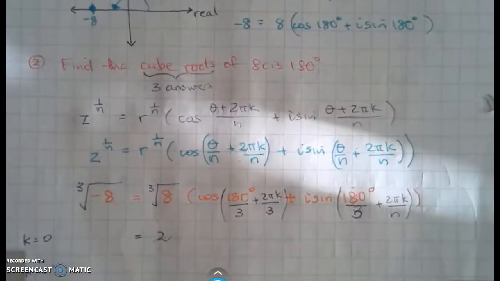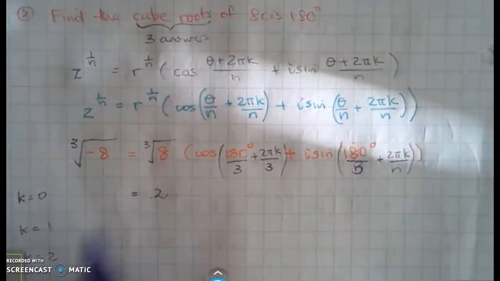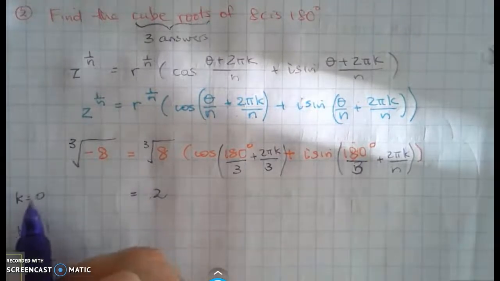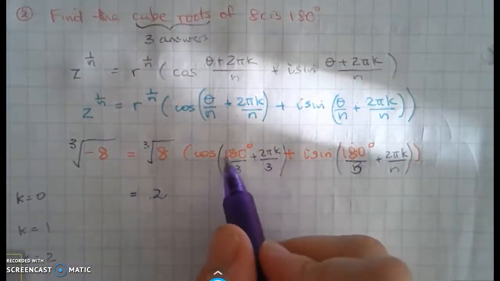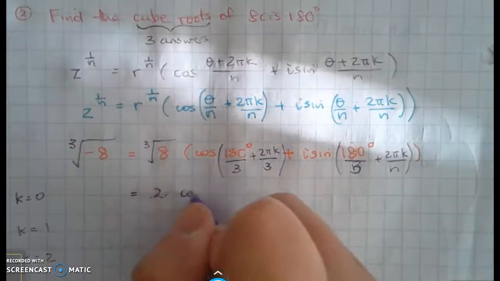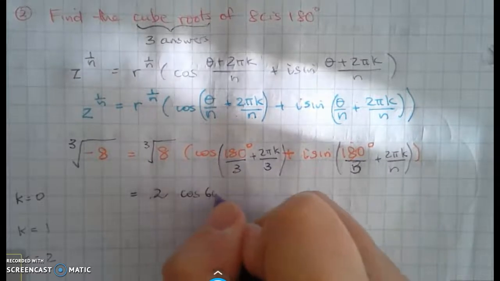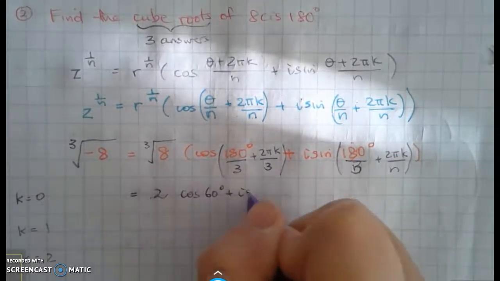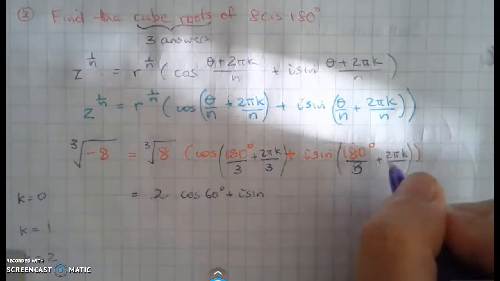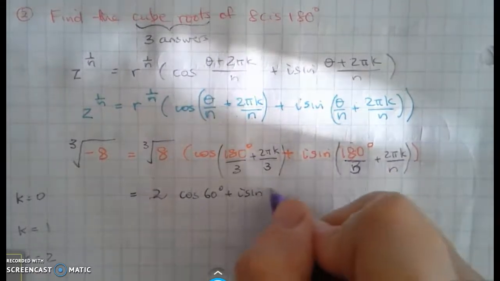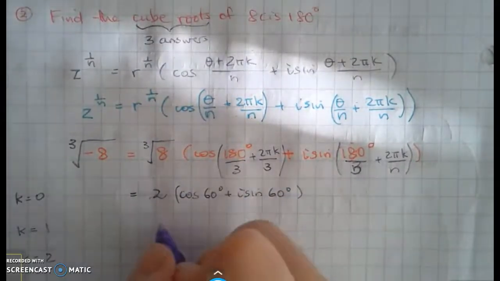You stop right before n, which is 3. So in the first case, k is equal to 0. That means you are left with cosine of 180 divided by 3, which is 60 degrees, plus i sine of, again, k is 0, so 60 degrees. So this is going to be my first solution.